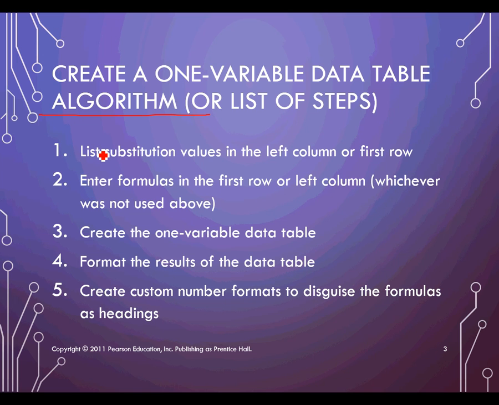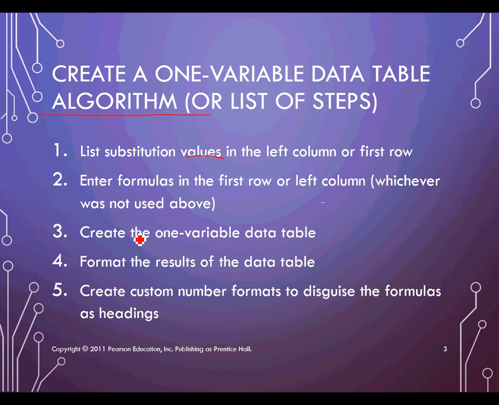So the first thing we have to do is list all the values that we want to substitute the variable with. Then enter the formulas in the first row or left column. So the first row will have the values of our variable, and then the formula that we will use for our data table will be either in the first row or the left column, whichever we didn't use first.